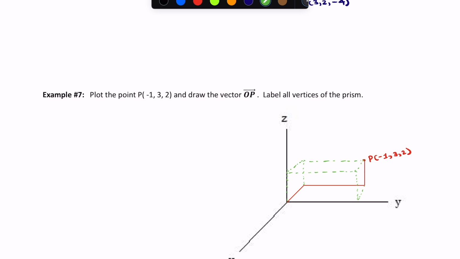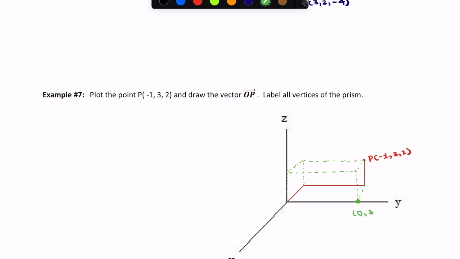Okay, and so if we look at some of the vertices on the prism, if we look at this point, for example, that I highlighted with the green dot, it moves nowhere in the x, moves 3 units in the y, and then it moves 0 units in the z direction.